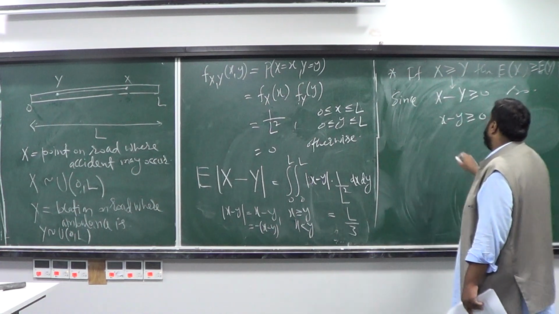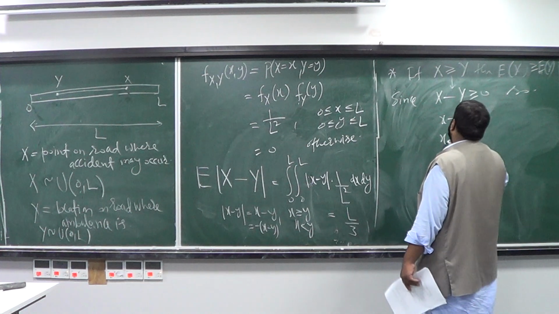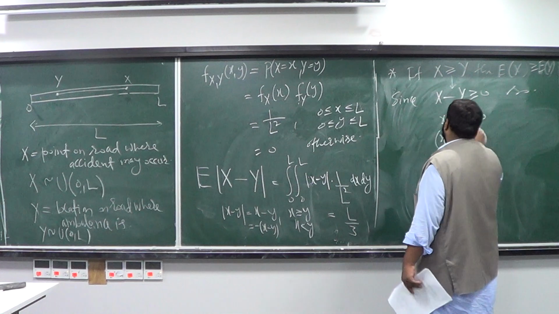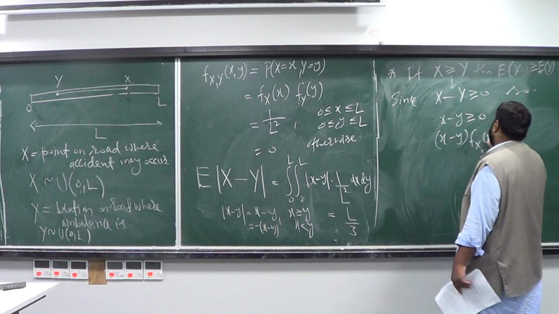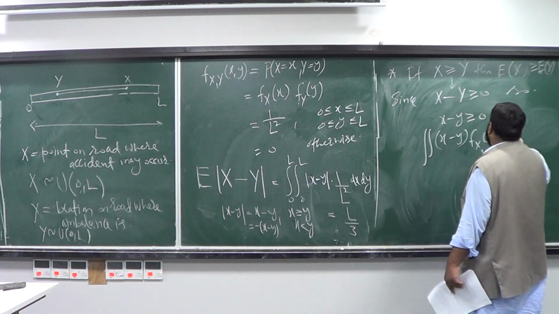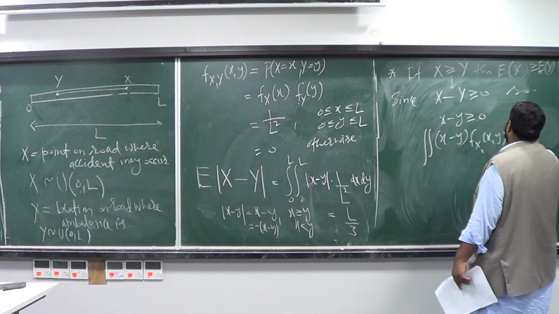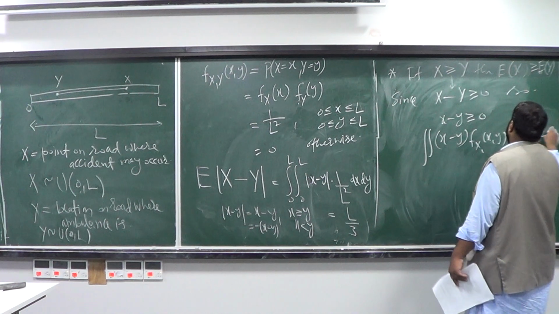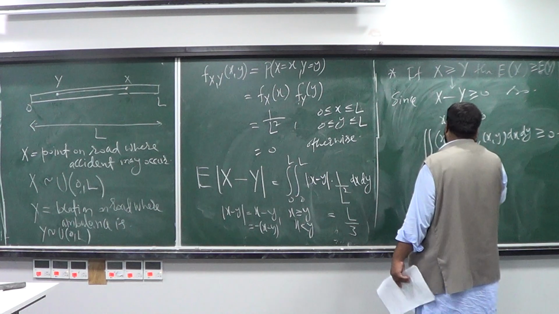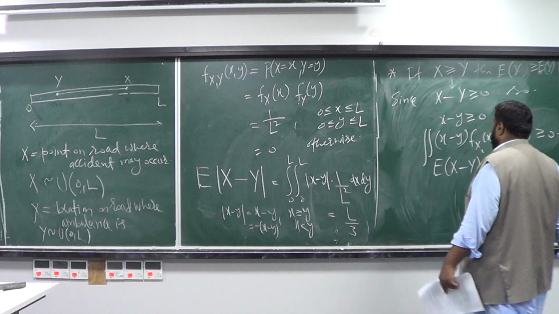If you multiply it with the joint PDF of x, y, and then integrate, then this integral should also be non-negative. In other words, the expectation of x minus y should be bigger than or equal to 0.